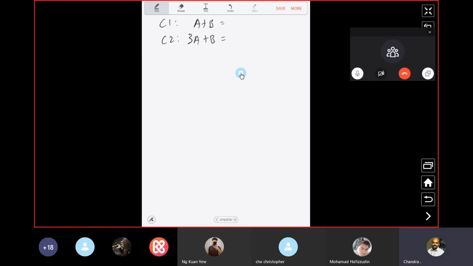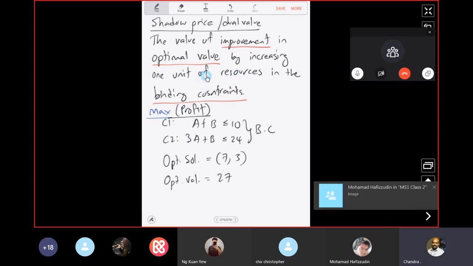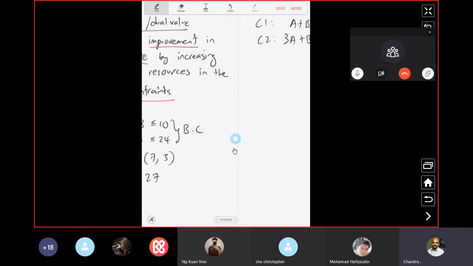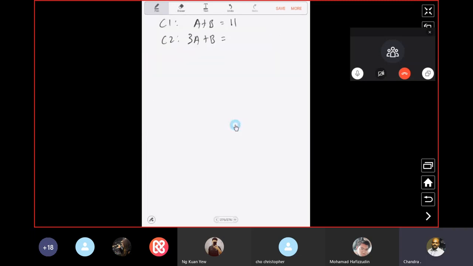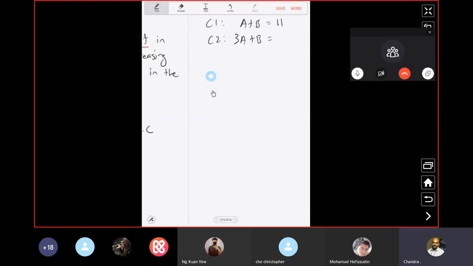Now, according to the definition, the shadow price is, if I increase 1 unit of resources in the binding constraint, we want to see what is the improvement in the optimal value. So how is this done? A plus B equal to 10 here. Okay. I'm going to increase 1 unit in 10, which means I will get 11. In 10, if I increase by 1 unit, I will get 11. And then 3A plus B is 24. So I will get here 24.